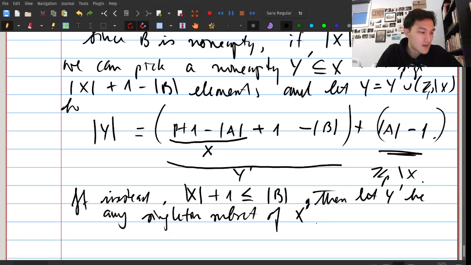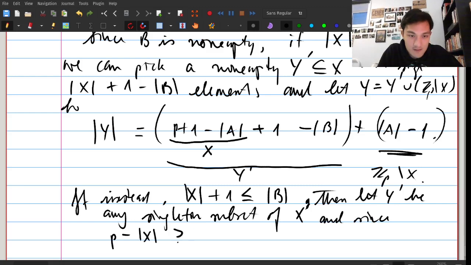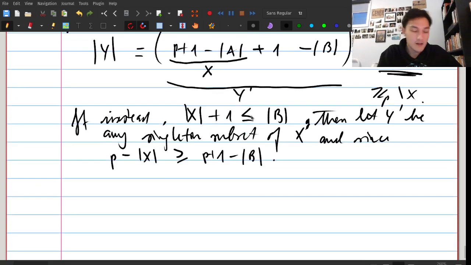And since P minus X is going to be greater than or equal to p plus 1 minus size of b, that just comes from this inequality here.